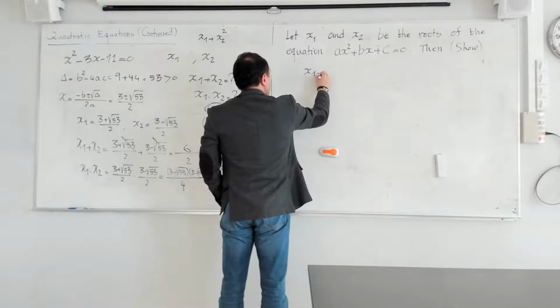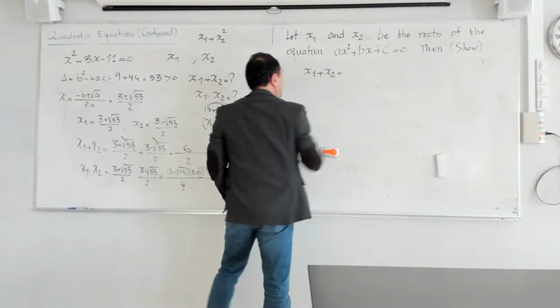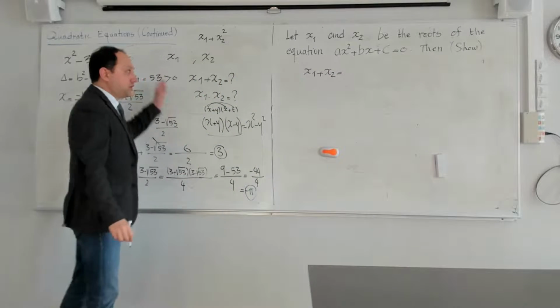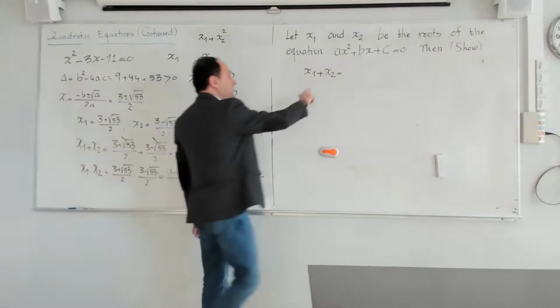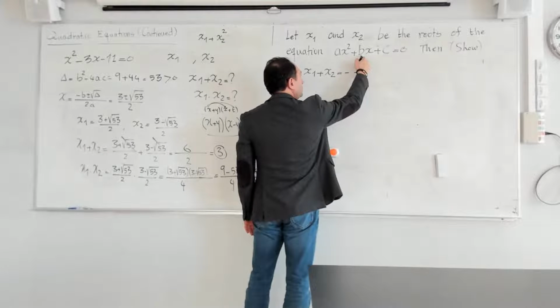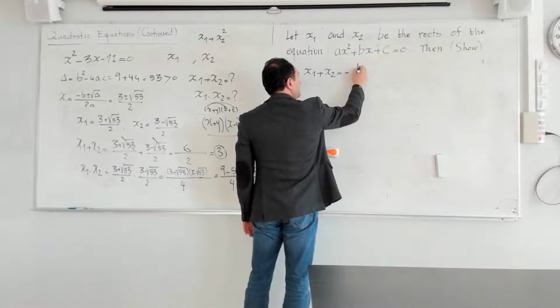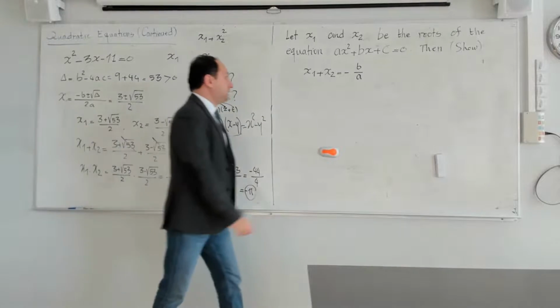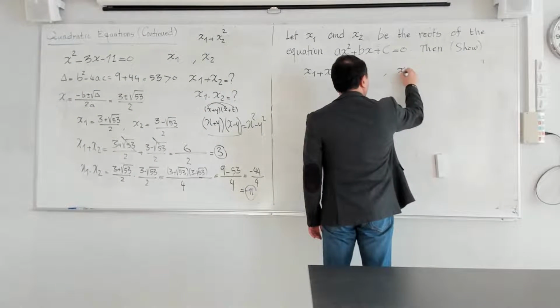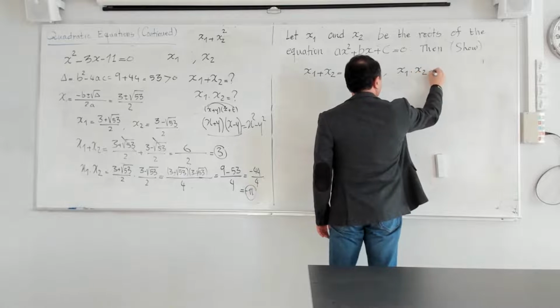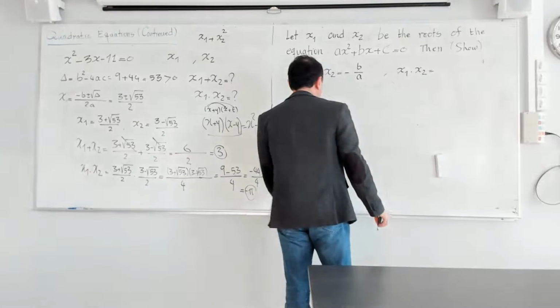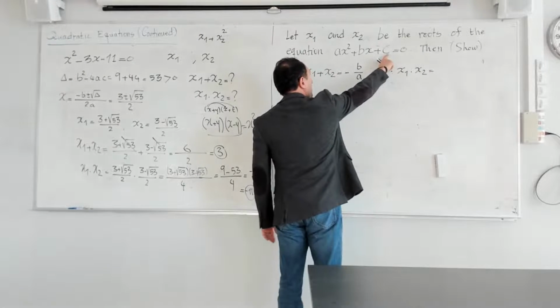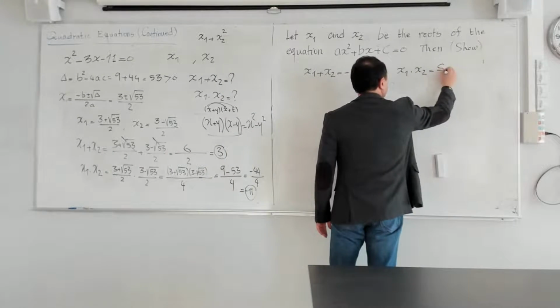x1 plus x2: you really don't need to go through this process. The answer is negative, you just divide b by a. That's it, as simple as that. And if I ask you what is the product x1 times x2, you don't need to go through this process either. You can just divide c by a.